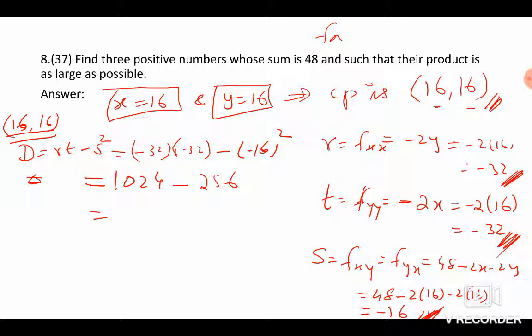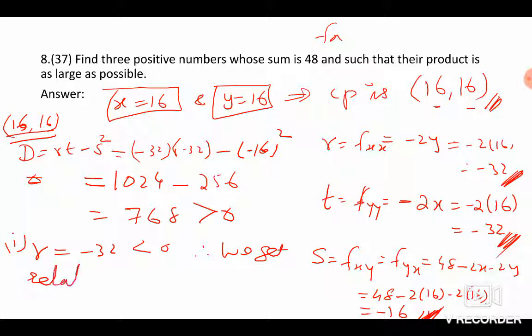So it's a positive quantity, 768. D is positive, and obviously we have to check the sign of R. R is negative 32, it's less than zero. Therefore, we get a relative maximum. When R is negative, it is maximum at 16 comma 16.